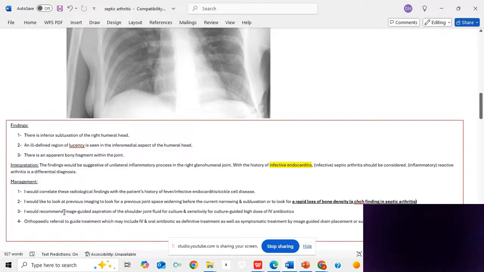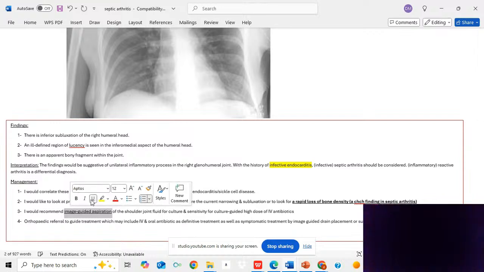This is very important for your clinical background. Image guided aspiration is the first management you would recommend for any septic arthritis case.